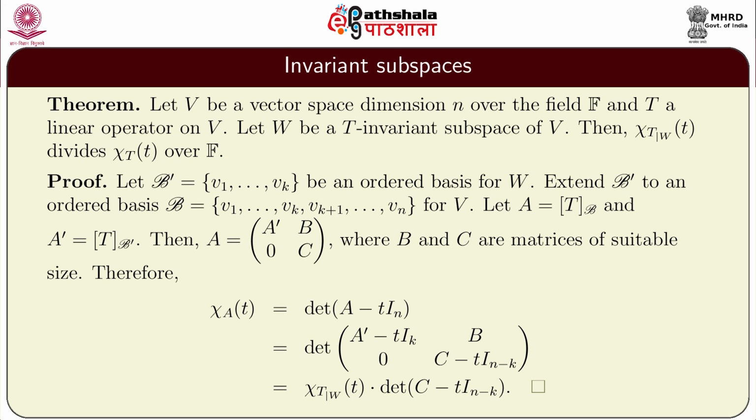Therefore, the characteristic polynomial of A, which is chi A t, is determinant of A minus t I n, and that is determinant of A dash minus t I k, B, 0, C minus t I n minus k.